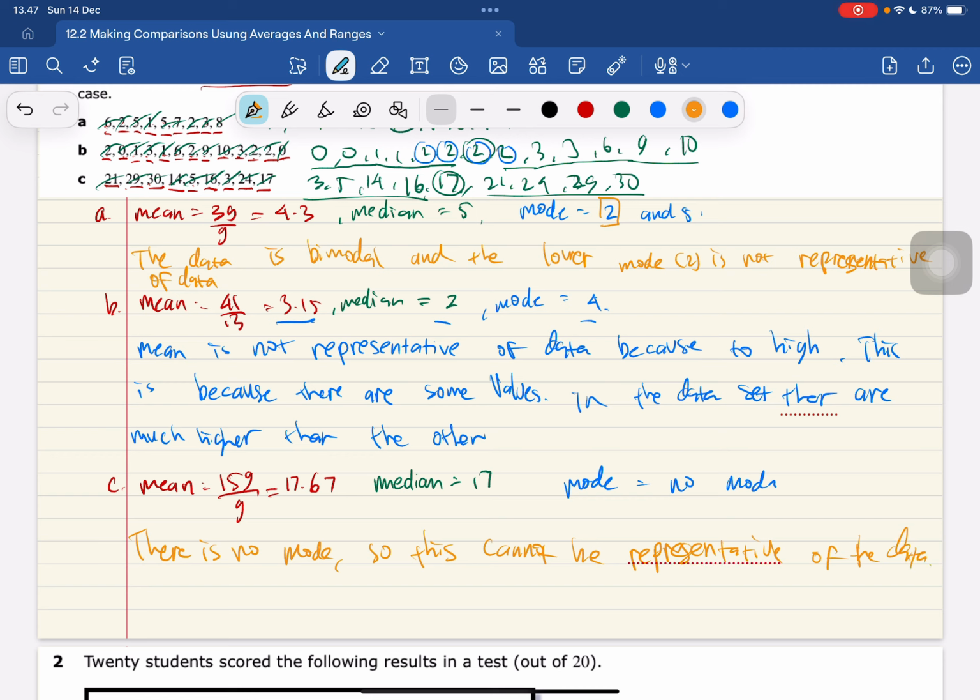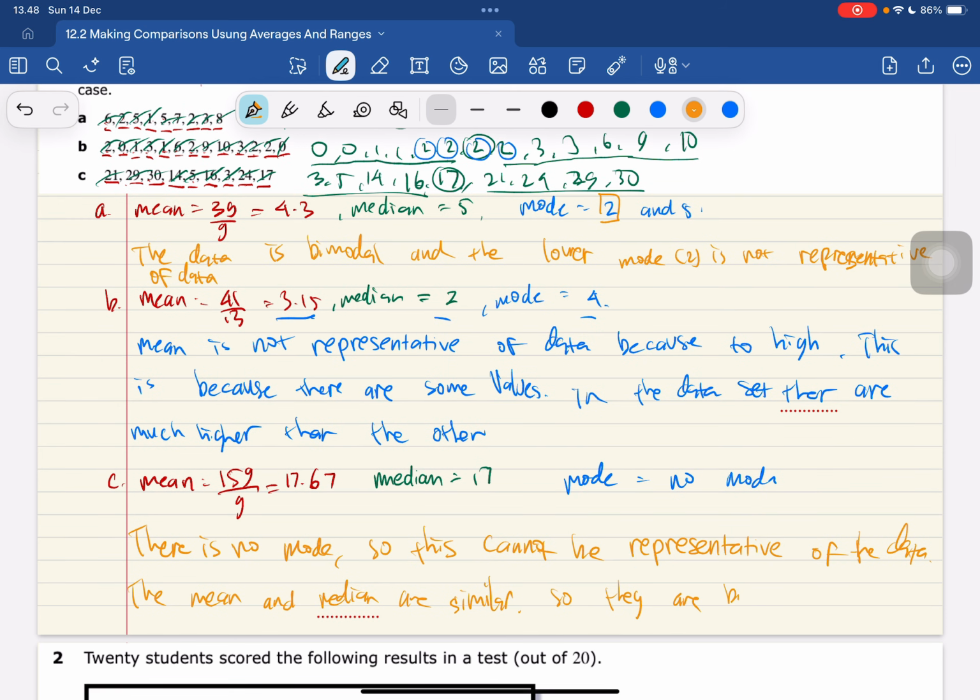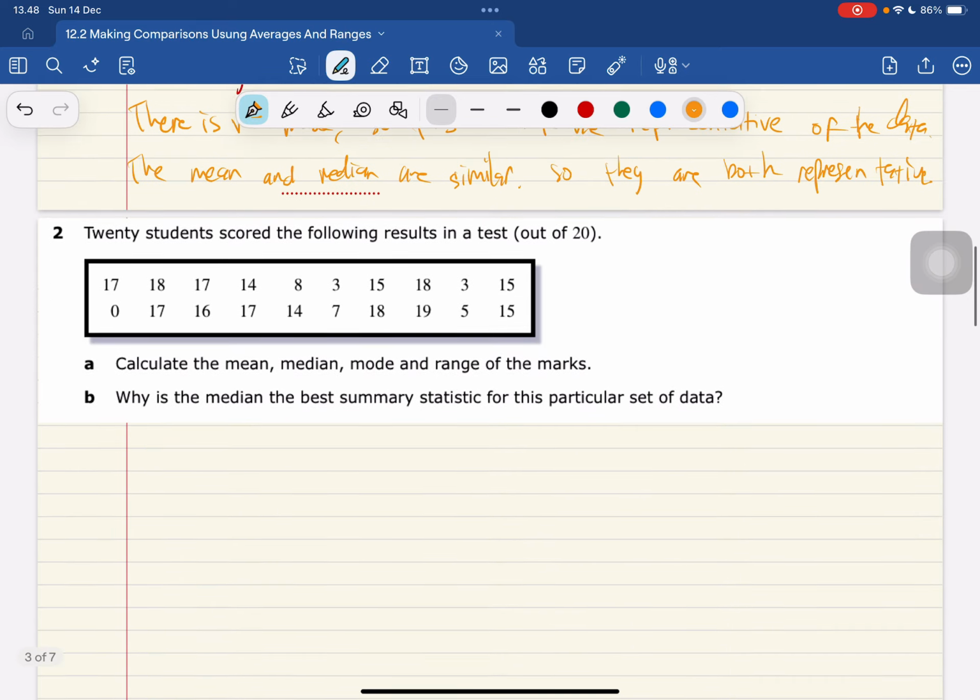The mean and median are similar, so they are both representative of the data. Okay, there we go.